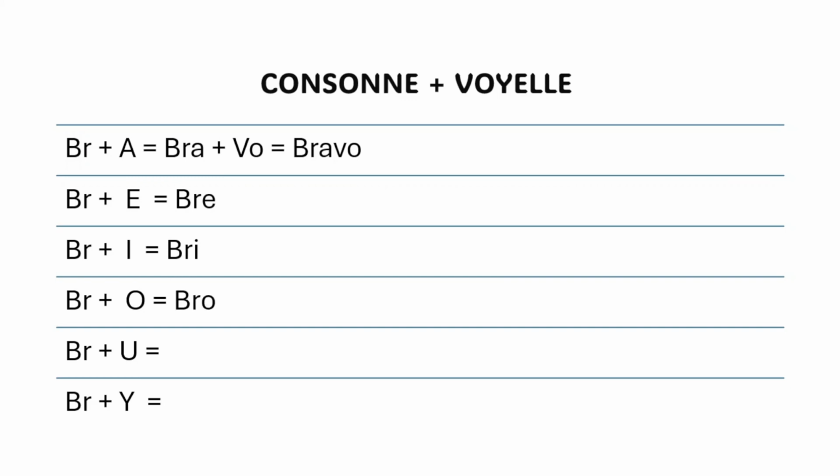Here when we combine together, bro. Like a bro, like when we write brother in English. When you put it like this, it sounds different. But be careful, this is not English.